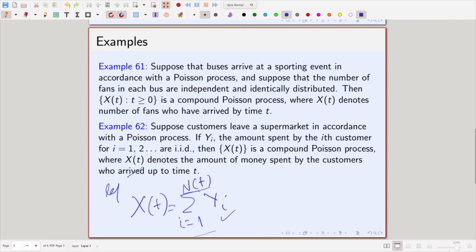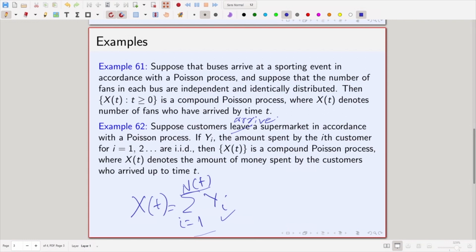Let me say that customers arrive, again it does not matter.